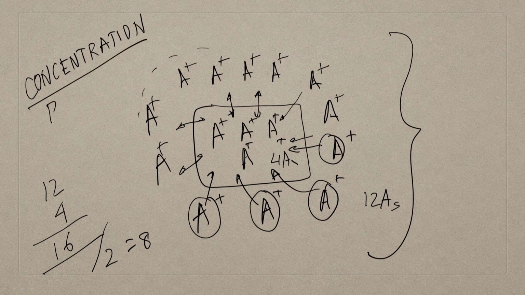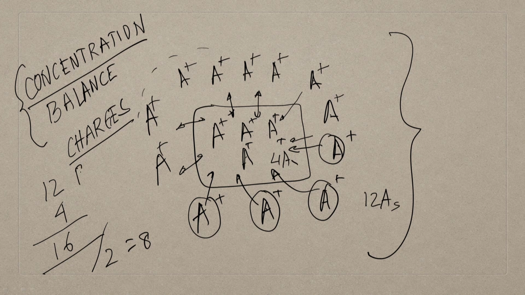Next, if there are charges, the charges have to be balanced, right? So, automatically once there will be 8 A's inside and 8 A's outside, there will be 8 positive charges inside and 8 positive charges outside. Very simple situation. Good. We can solve this.